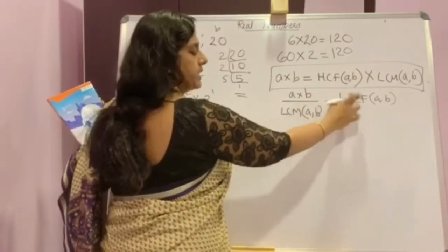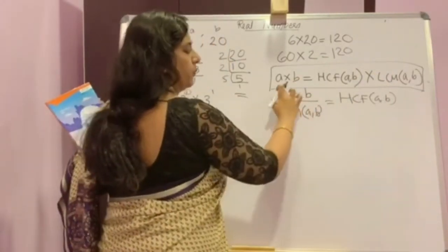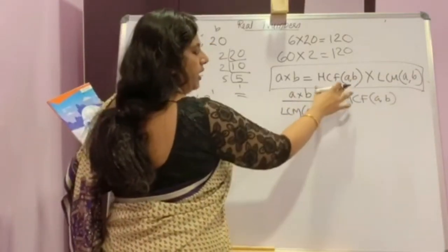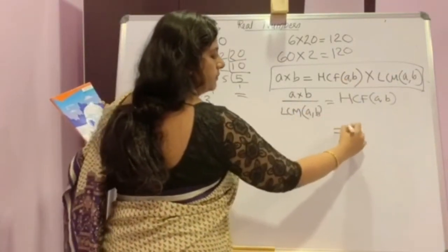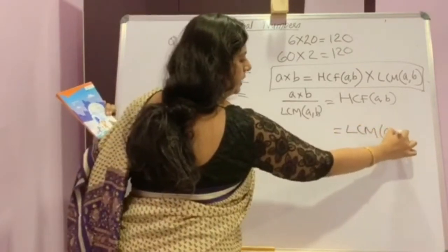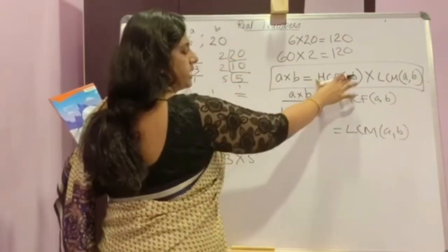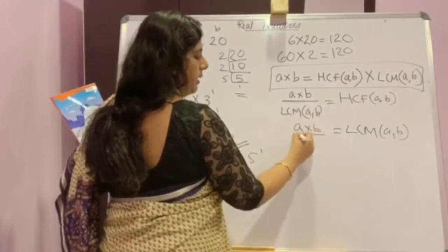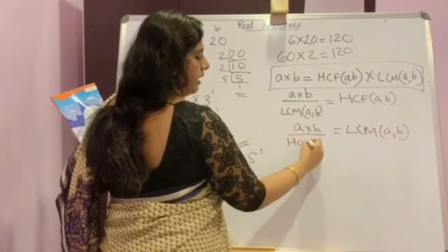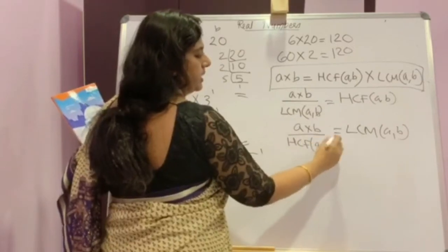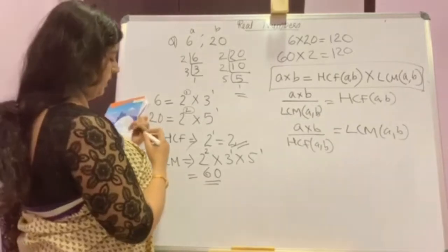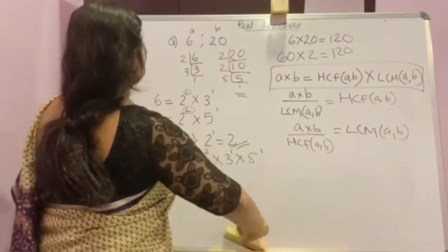So you get HCF of AB is equal to A into B by LCM of AB. And what about LCM of AB? Keep that LCM of AB here. And when you take HCF of AB to the other side, we get A into B by HCF of AB is equal to LCM of AB. Now we can do some problems.